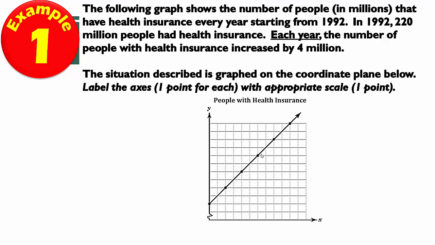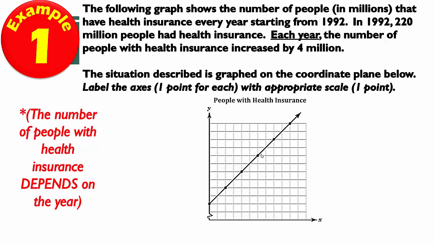So what we need to do is figure out what is dependent, what's independent. Now, when we're talking about time, time is 99.9999% of the time going to be your independent variable. In other words, the number of people with health insurance depends on the year.